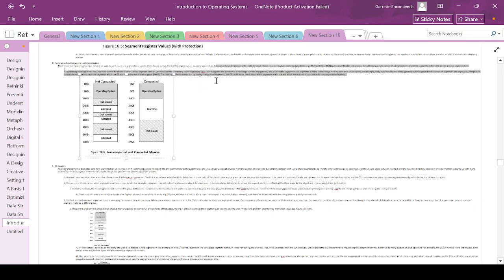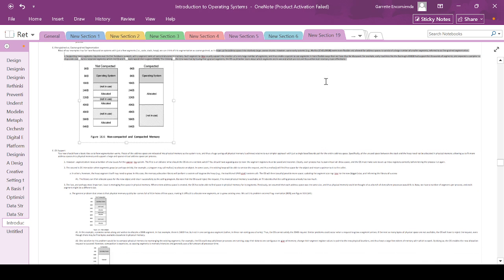Such a segment table usually supports the creation of a very large number of segments and thus enables a system to use segments in more flexible ways than we have thus far discussed.